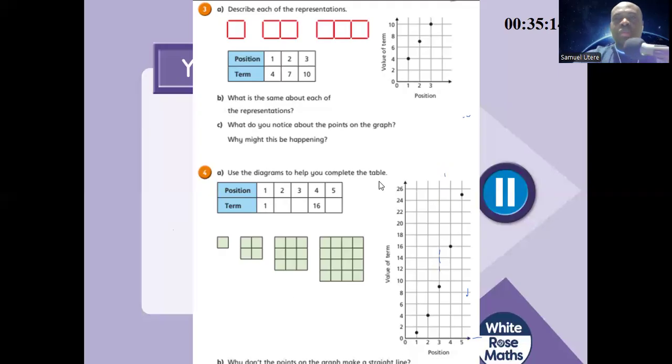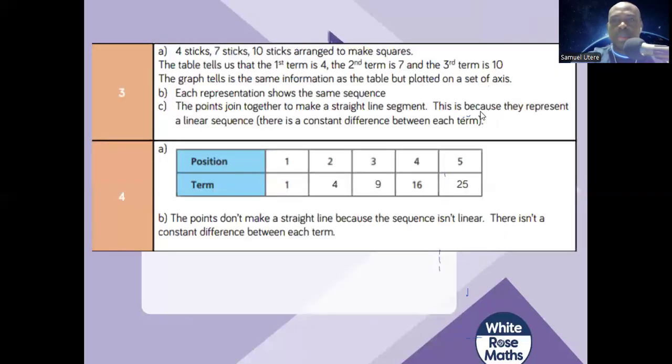Okay. So here are the answers. You can mark your work now. So for the first one, there are 4 sticks, there are 7 sticks, and there are 10 sticks, right? And then the table tells us that the first term is 4, the second term is 7, and the third term is 10.